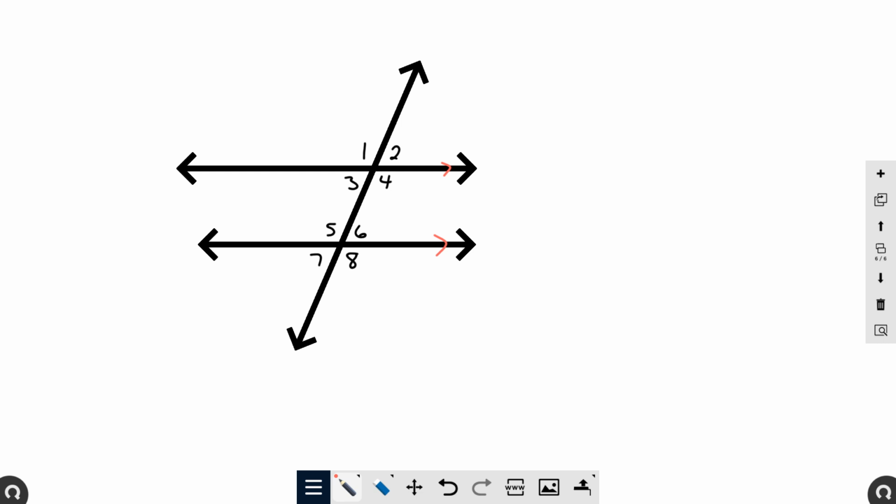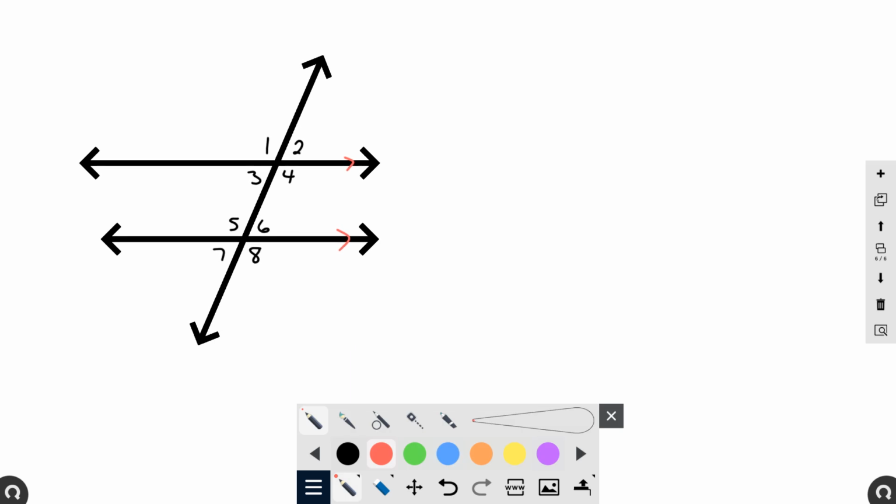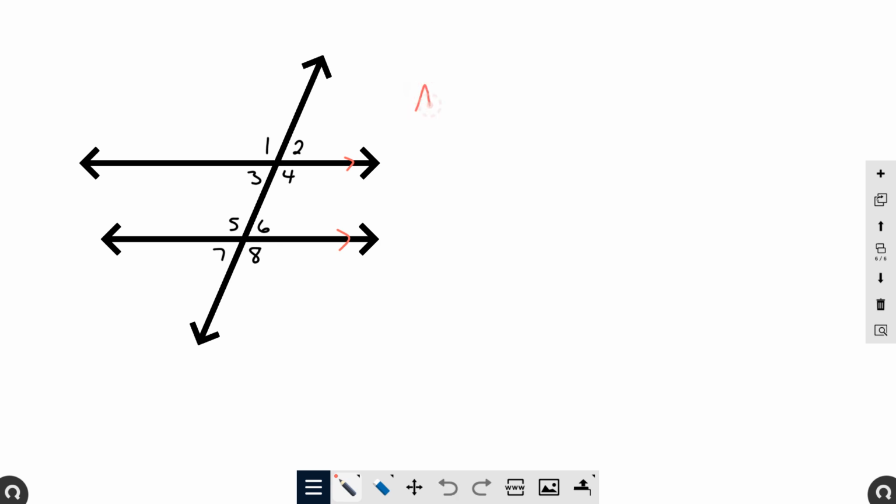Okay, so we talked about 3 types of angles yesterday. Let's just review and see if we know our different types. What's the first type that we talked about? Alternate interior angles. And those are congruent or supplementary? Congruent. There were 2 pairs of alternate interior angles.